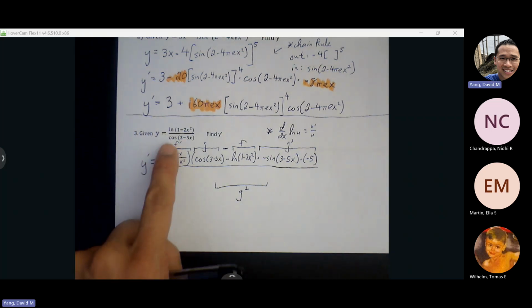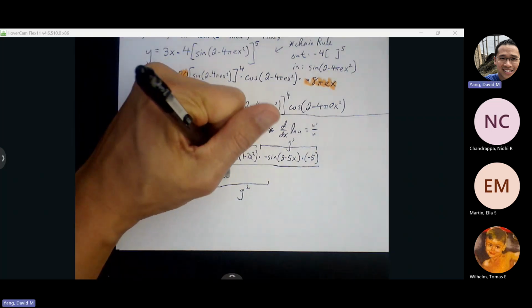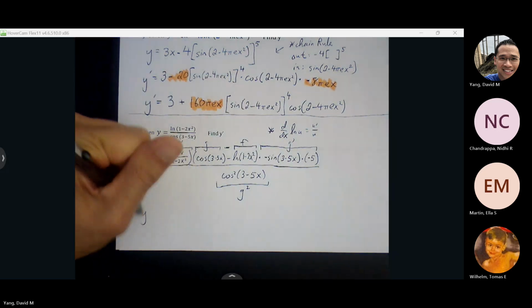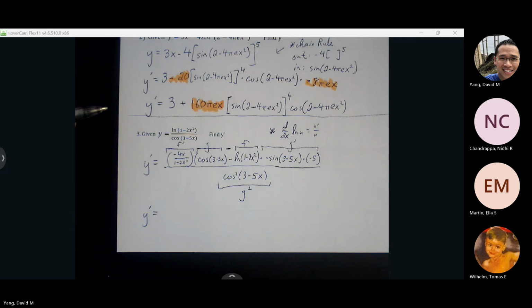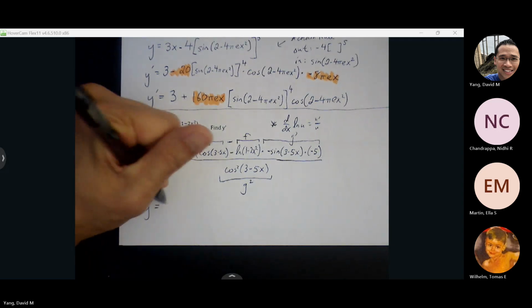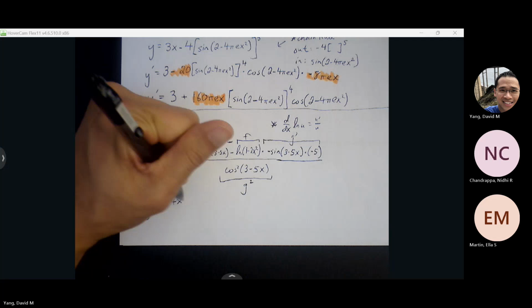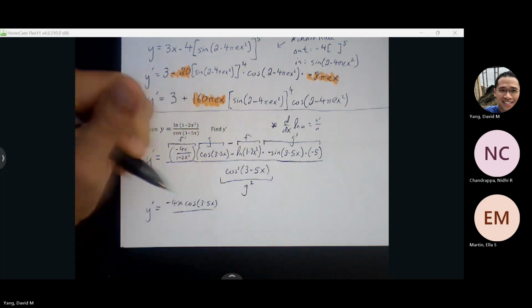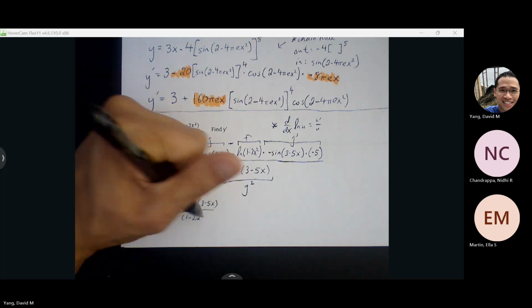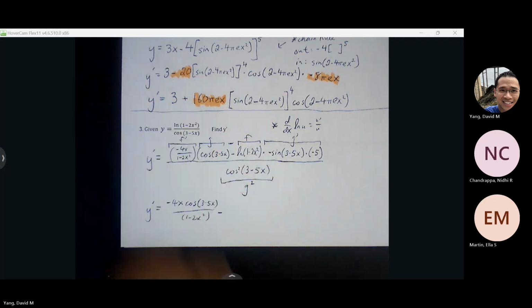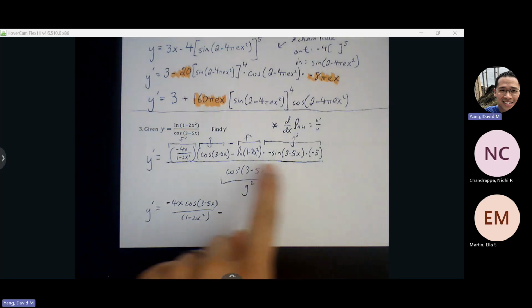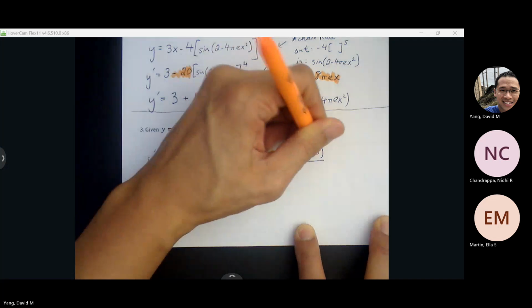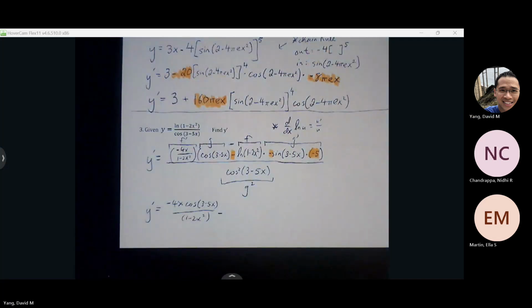All over denominator squared. All this is all connected. I'm going to pull non-trig terms in front.